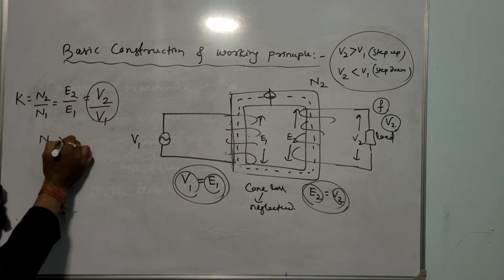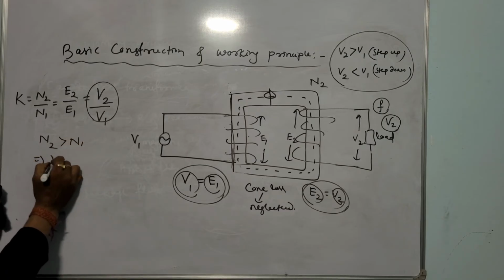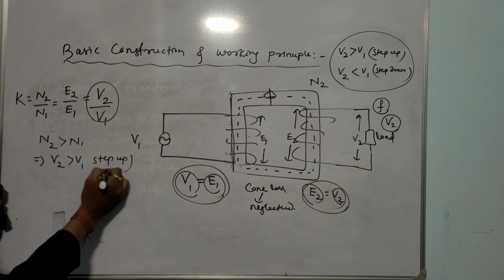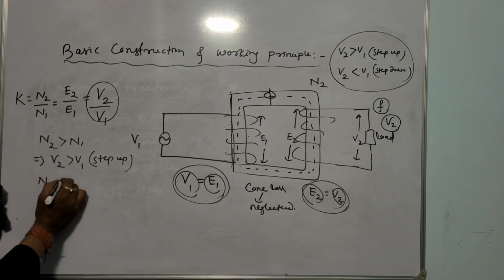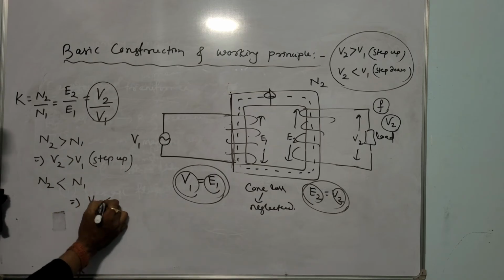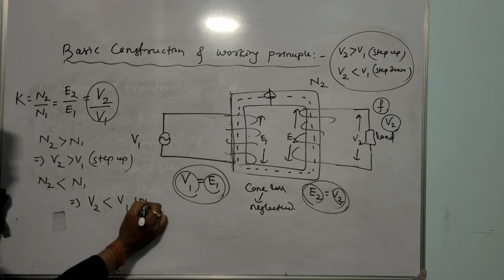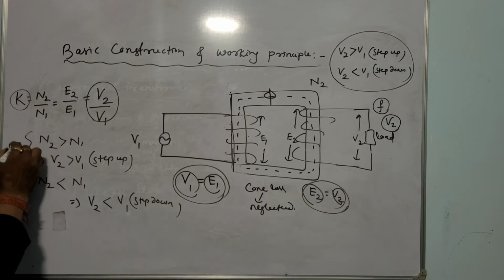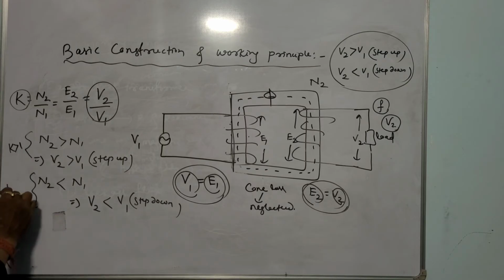If N2 is more than N1, then definitely V2 will be more than V1. So that is the condition of a step up transformer. If N2 is less than N1, then definitely we can say V2 will be less than V1. That is called a step down transformer. Or you can say if K is more than 1, that is a step up transformer. If K is less than 1, that is called a step down transformer.